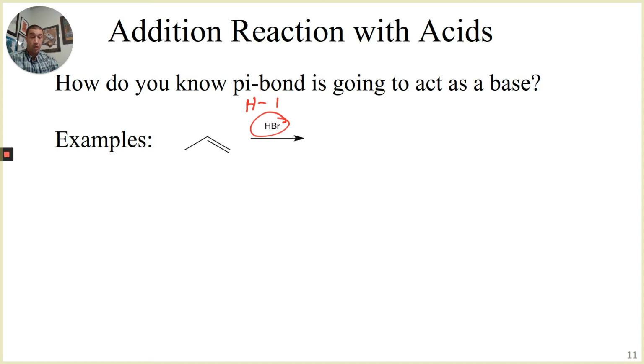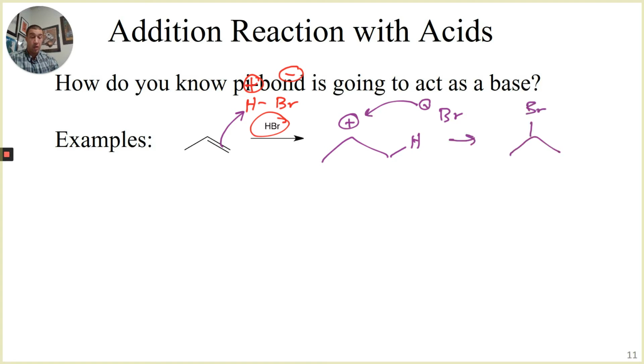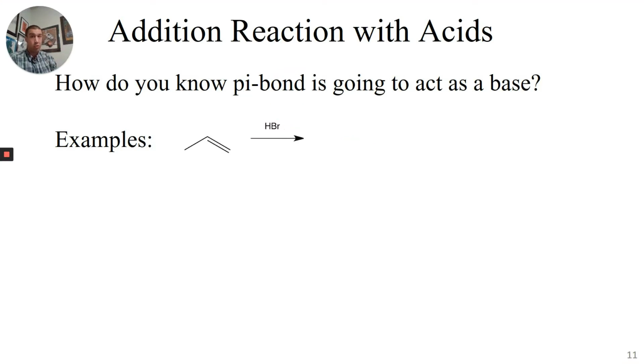So when we look at this reaction, we're looking at HBr with a positive hydrogen and a negative bromine. The electrons come out. We put our hydrogen where we form the more stable carbocation. We could then have the bromide come in and react, and we would end with our final product. So again, if we understand something about the chemistry of where the electrons want to go or can go, okay, and personifying things is usually a bad idea, okay, we can get a better understanding of how our reactions work, right?